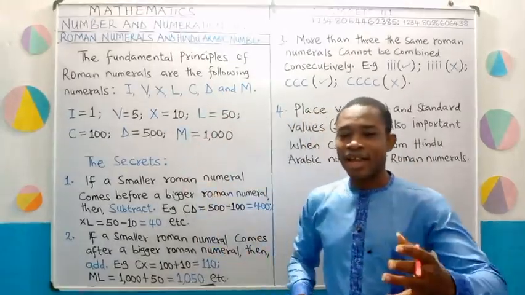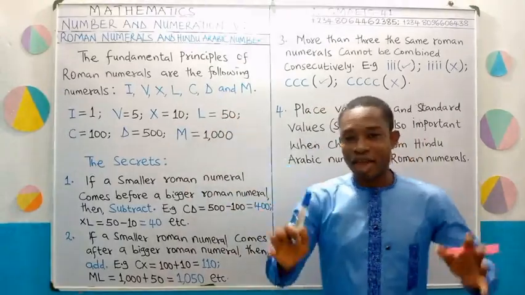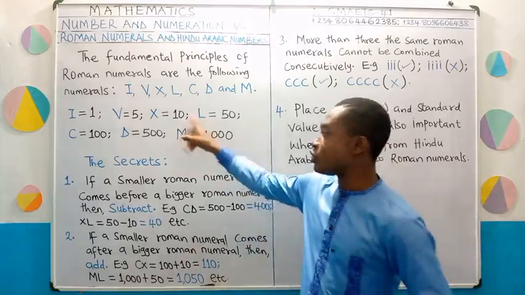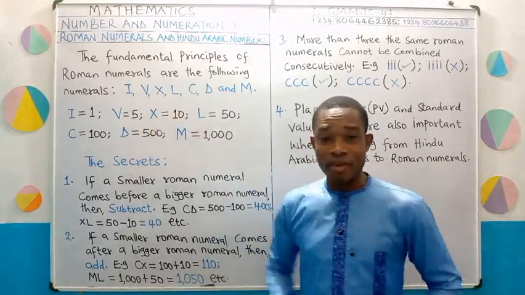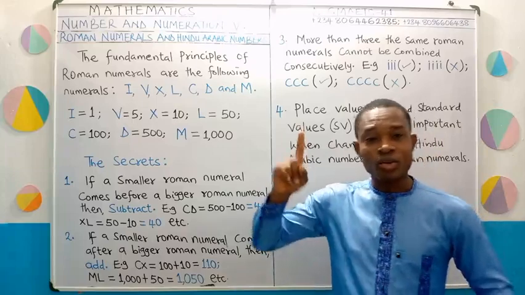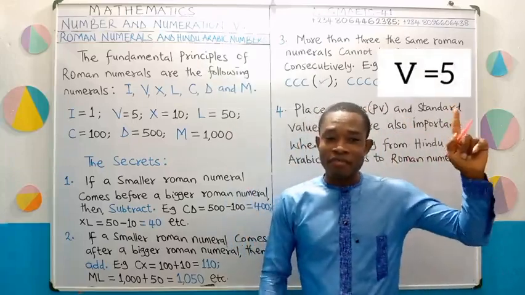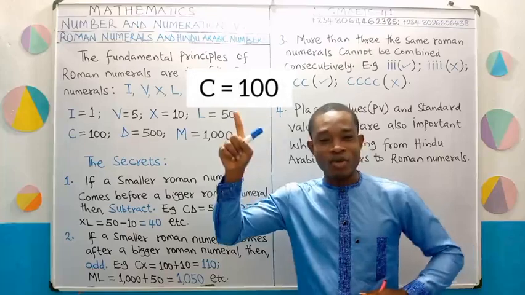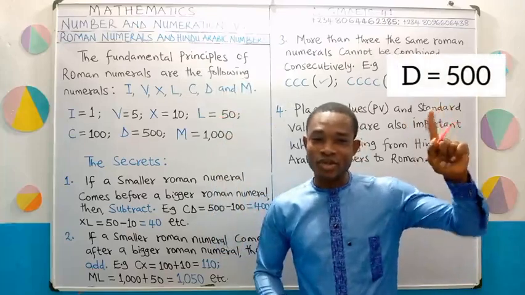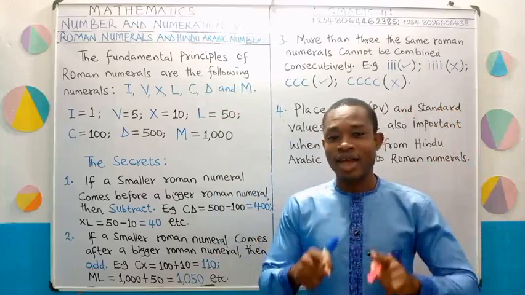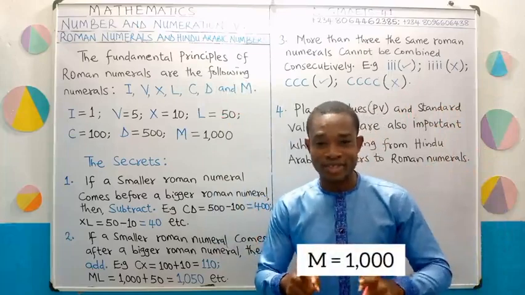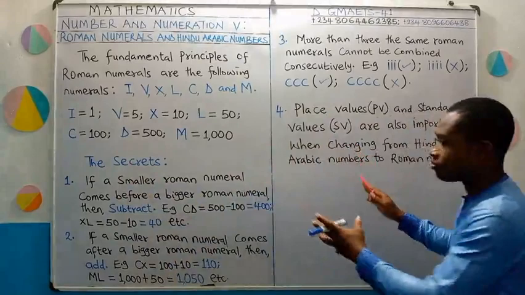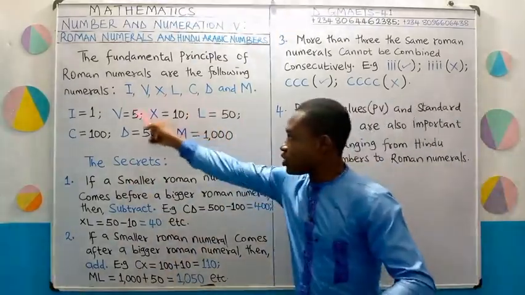I, V, X, L, C, D, and M. They are the starting point, and their values are what I wrote here on the board in Hindu Arabic, where you have I equal to 1, V equal to 5, X equal to 10, L equal to 50, C equal to 100, D equal to 500, and M equal to 1000. Our normal counting 1, 2, 3, 4 is Hindu Arabic format. And I want to believe you now know what these numerals represent.